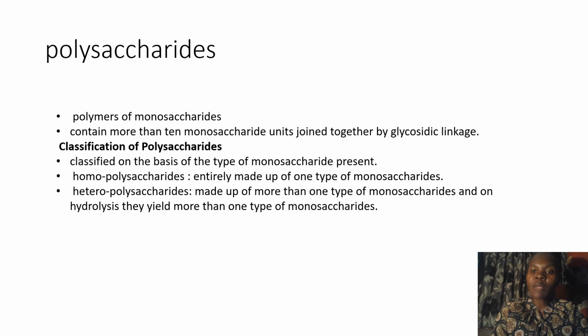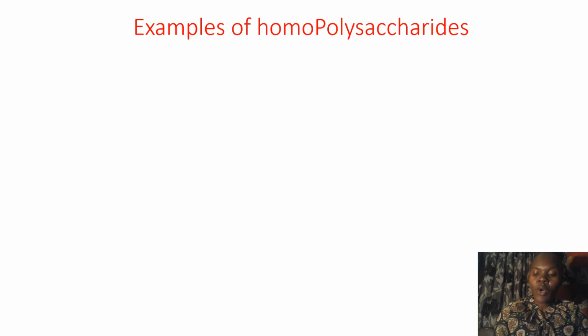We are going to start by looking at the homopolysaccharides, and later on in the last slides we'll discuss the heteropolysaccharides, whose definition is that hydrolysis will yield more than one type of monosaccharide. So let us dive into what homopolysaccharides are all about and the examples.